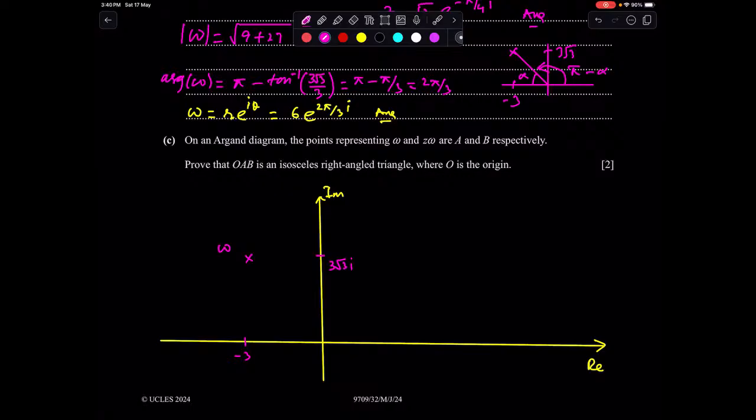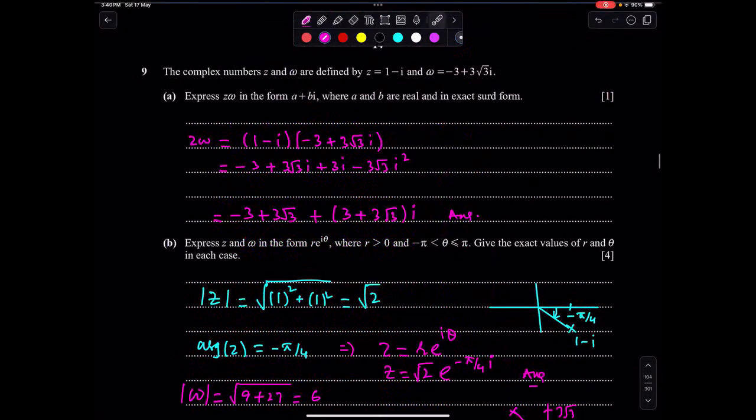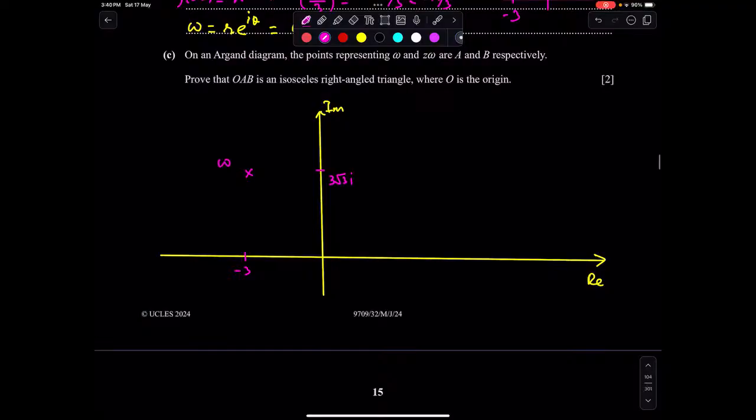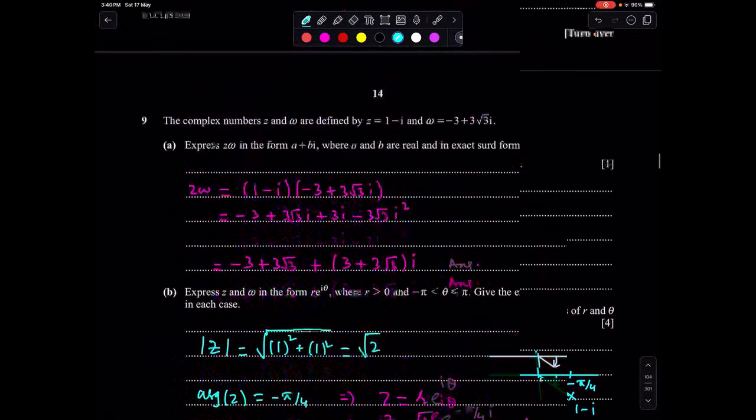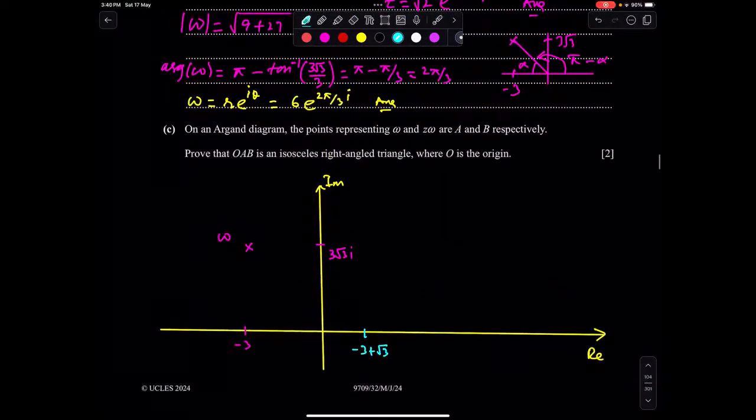And the second complex number is z omega, which is minus 3 plus 3 root 3 and 3 plus 3 root 3. You can convert these numbers in decimals and check the positions.